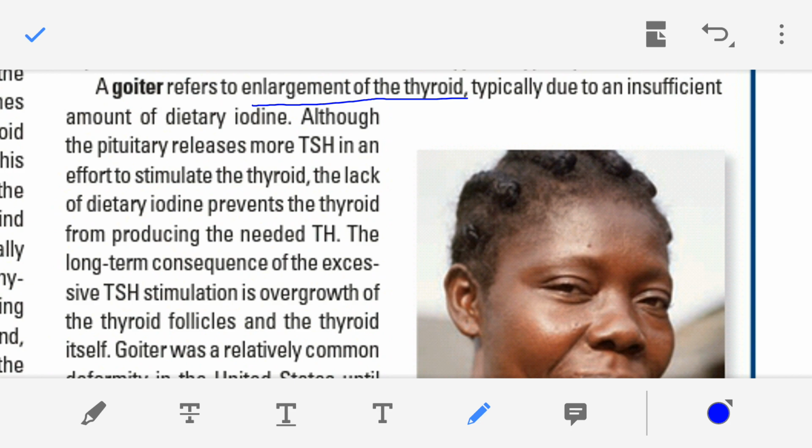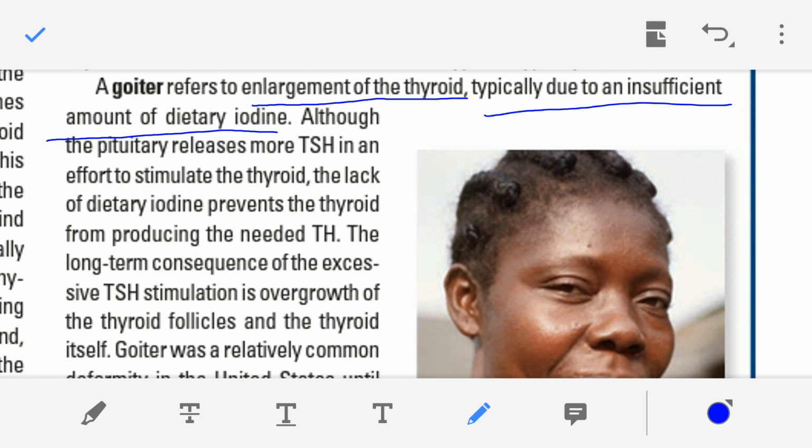So the size of the thyroid gland increases in goiter, typically due to an insufficient amount of dietary iodine. In the food there is a scarcity of iodine. Inadequate iodine is present in the food.